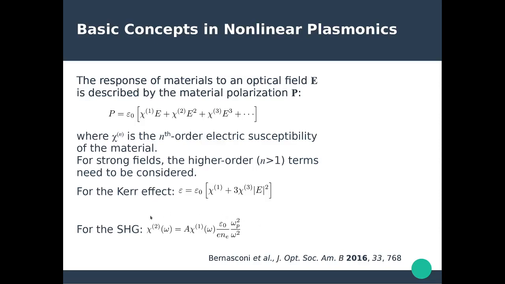So this is describing the second order electric susceptibility of a plasmonic material. It's frequency dependent, and of course material dependent through the carrier density in the conduction band, the plasmon frequency, and the linear electric susceptibility as well.